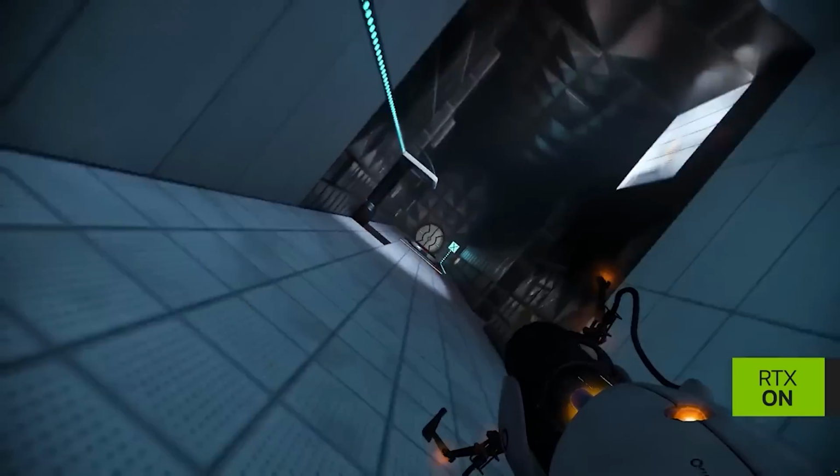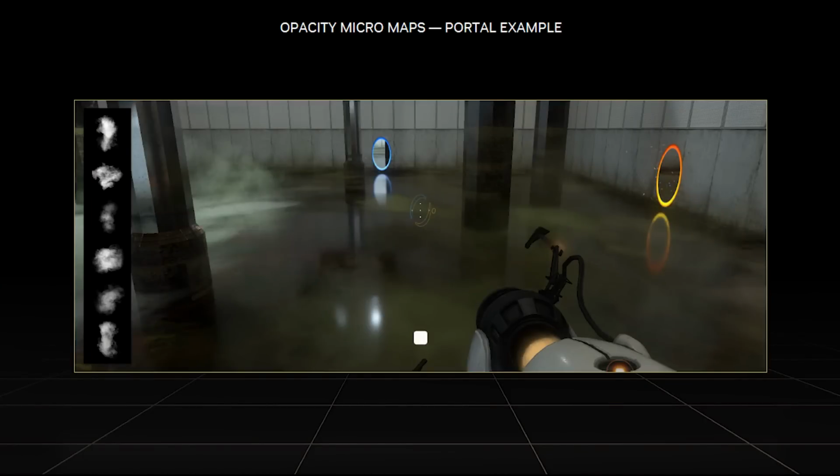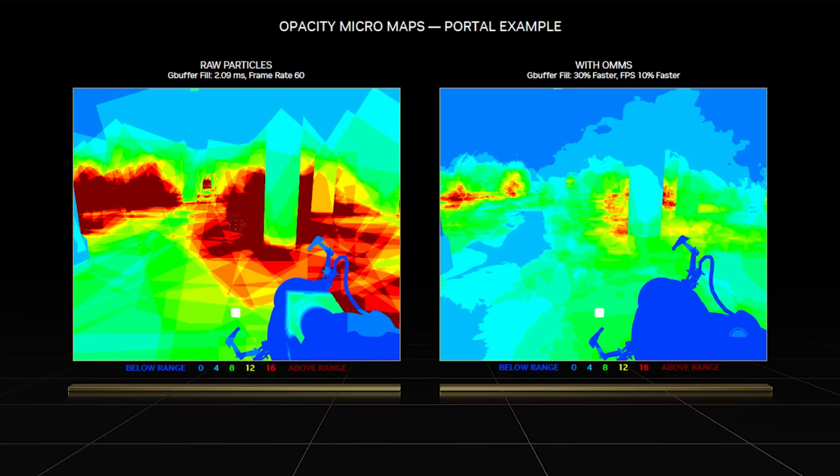Again, this can also be said for similar things for smoke. In Portal RTX here, you can see that the scene is rather nice looking, with smoke plonked around using the volumetrics, which are in the form of sprites. In the next image on the left side, there's raw particles, which has a nice selection of colours. The redder areas basically mean that there's more retests being done with the GPU to understand what's going on.